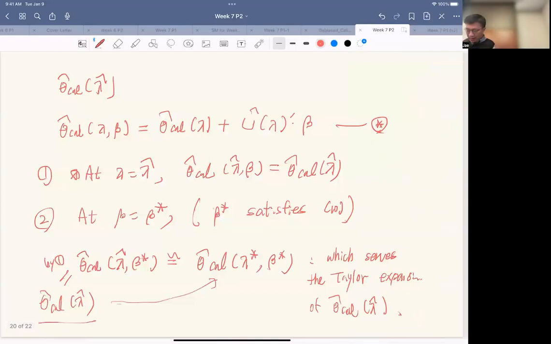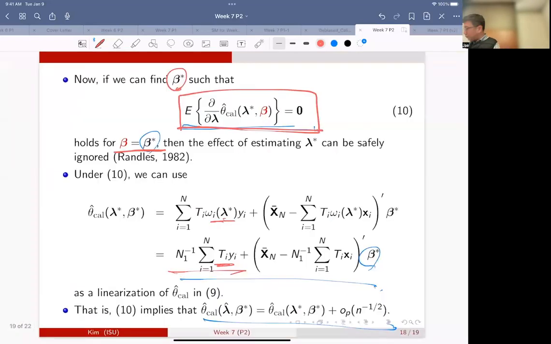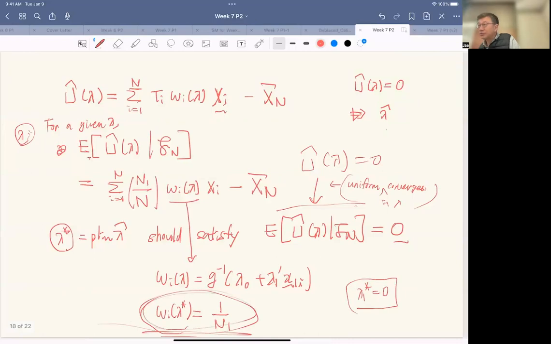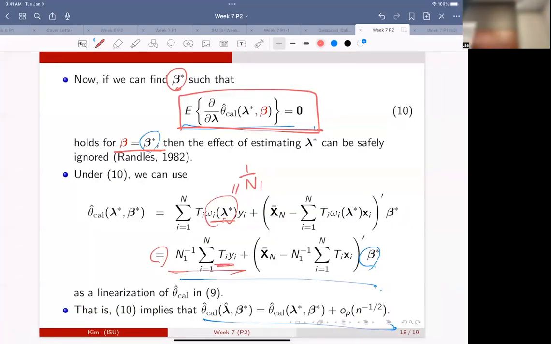Because of this logic, we are able to obtain this one, the first equation. And the second equality comes from the property of this, which is 1 over n, N1. This is the minimum condition for lambda star. So we know that, and then we get this one.